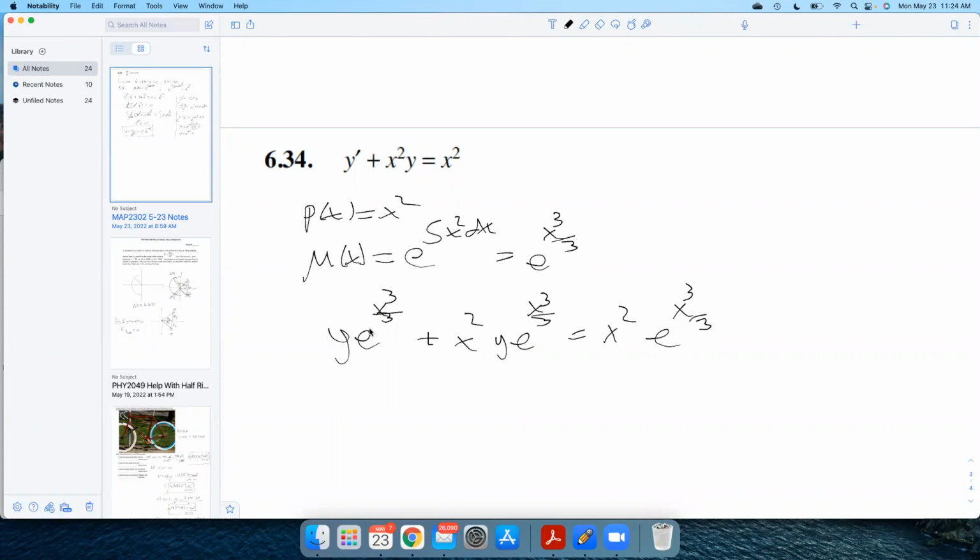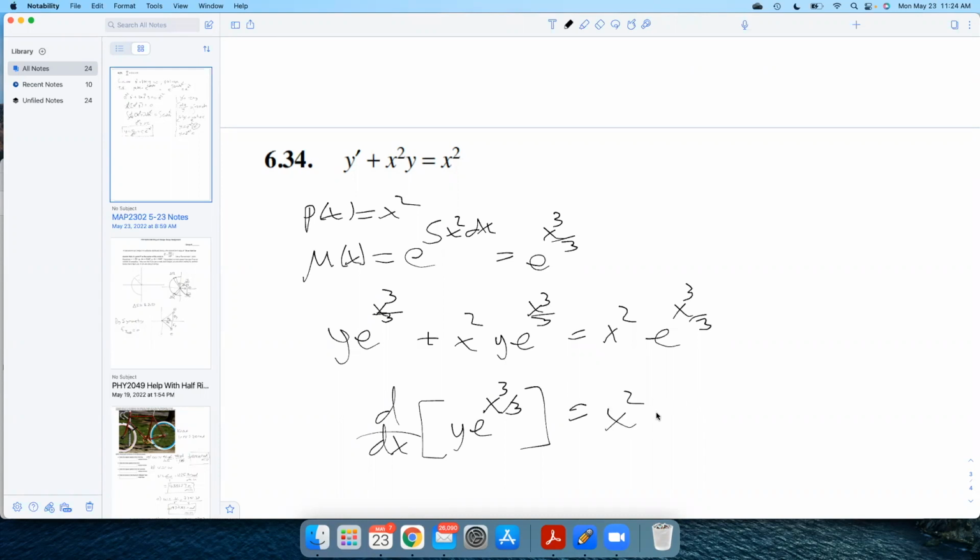Then check and make sure that the left-hand side is the product rule derivative of y times the integrating factor. And it is, because the derivative of that is e to the same thing times the derivative of the exponent. Derivative of x cubed over 3 is x squared.